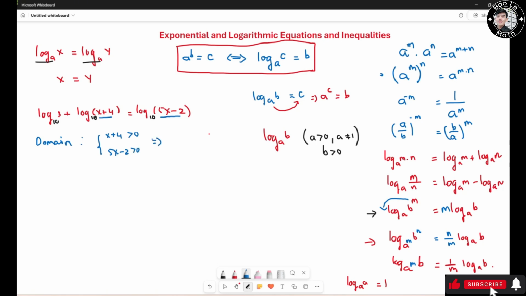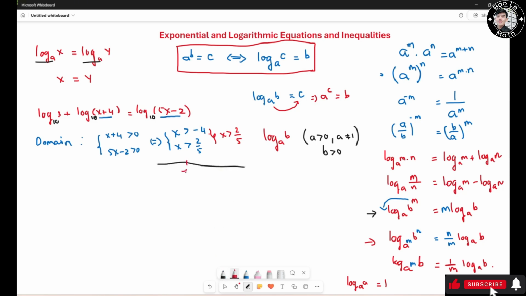Alright, so this guy turns out to be s greater than negative 4 and s greater than 2 over 5. Alright, so we just combine this one. This guy turns out to be s greater than 2 over 5. Right? Because when you draw a number line, you put these two numbers on the number line.